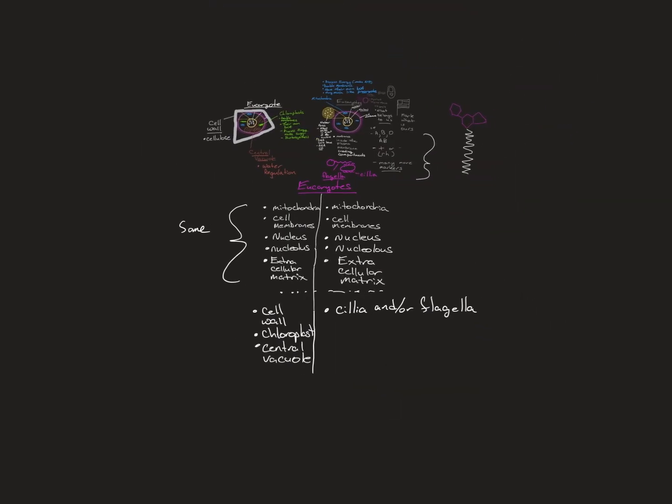What is this kind of eukaryote versus this kind of eukaryote? Anybody know? No guesses? This would be known as a plant cell.